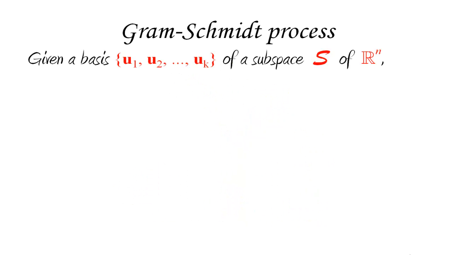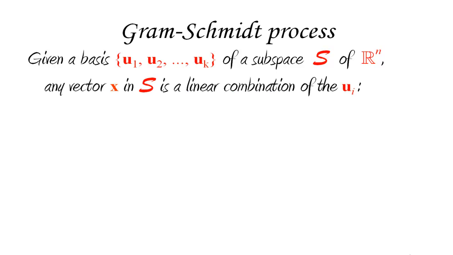Now you remember that given any basis for a subspace S of Rn, consisting of vectors u1, u2, ..., uk, any vector in that same subspace is a linear combination of those vectors ui. In fact, I can say that for any subspace of any vector space, not just of Rn, but for what we're going to be doing in this class, we're going to stick just to Rn, so that's why I'm saying it this way. So what does it mean?